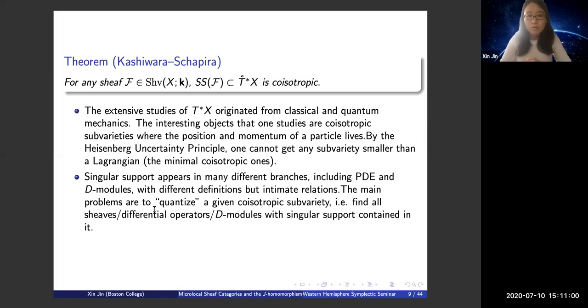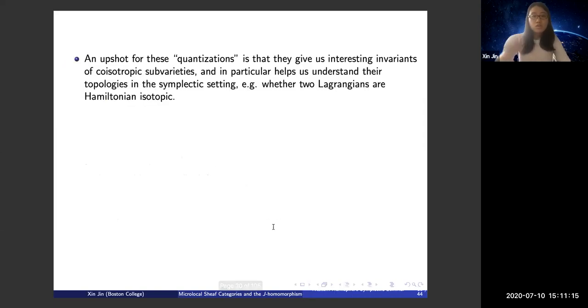In more explicit terms, you want to find sheaves, differential operators, or D-modules with singular support in a certain given co-isotropic subvariety. The upshot of this approach is that this kind of quantization gives us interesting invariants of these co-isotropic subvarieties, so it definitely has applications in symplectic geometry.